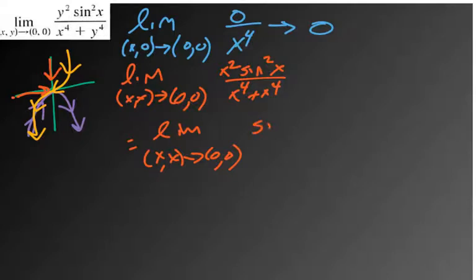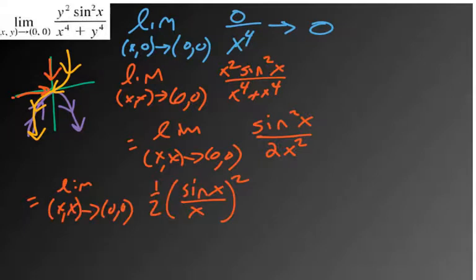So you would basically get sine squared x over 2x squared. I'm going to simplify this a little bit more and get this. Here I've just pulled a half out, and then sine x over x, squared, is what sine squared x over x squared is.